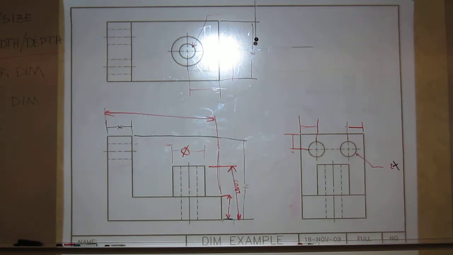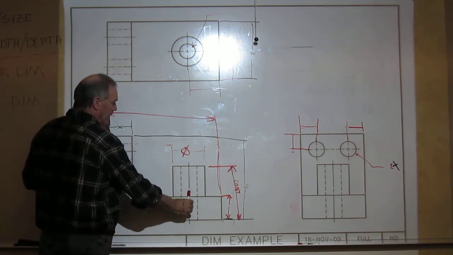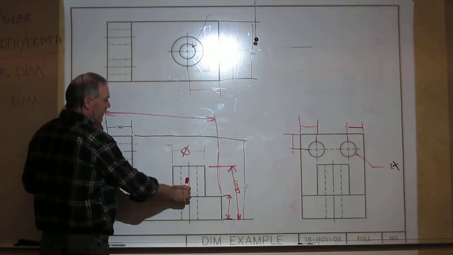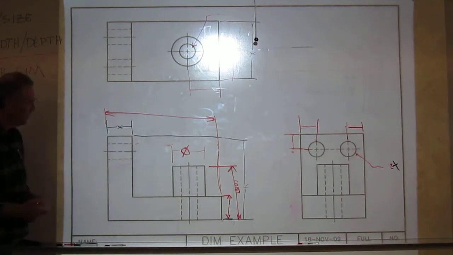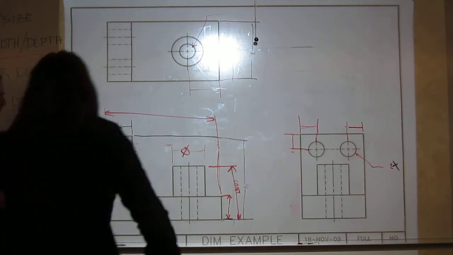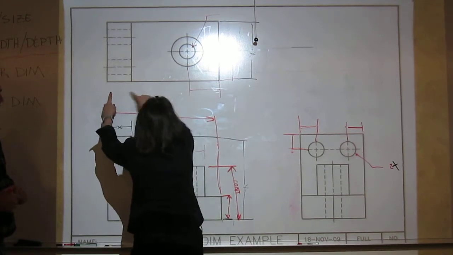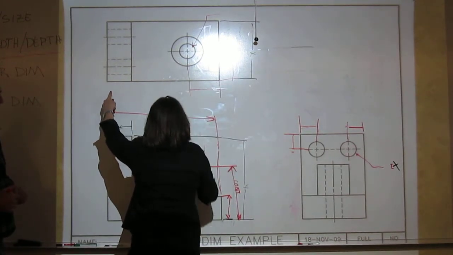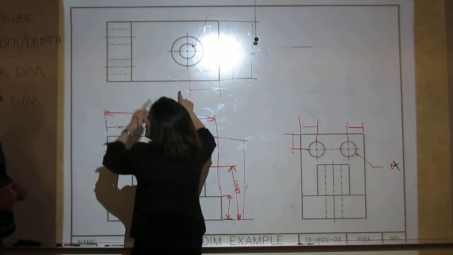First of all, I would take the center line, because it coincides with that center line, I would dimension for the location from that into there, because then it tells you the location also of the positive soil. On top, I would locate from here to here, to coincide, because then that gives you that one also.